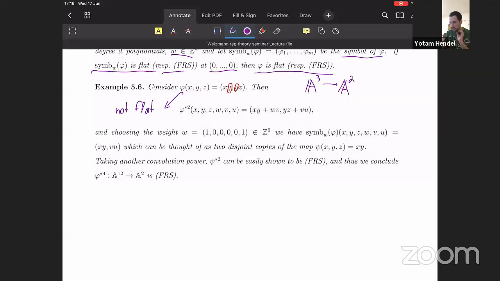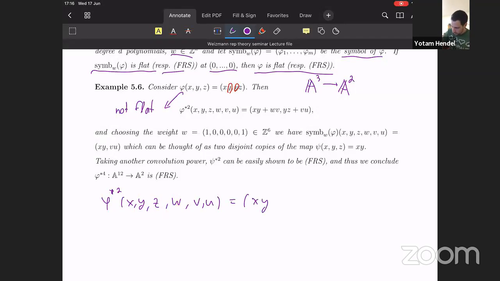So if I want to show that this guy is FRS, the first thing I'd like to do is take a convolution power, and this gives me a morphism from XYZWVU to XY plus WV, comma, YZ plus VU. Okay, so let's try to be consistent.